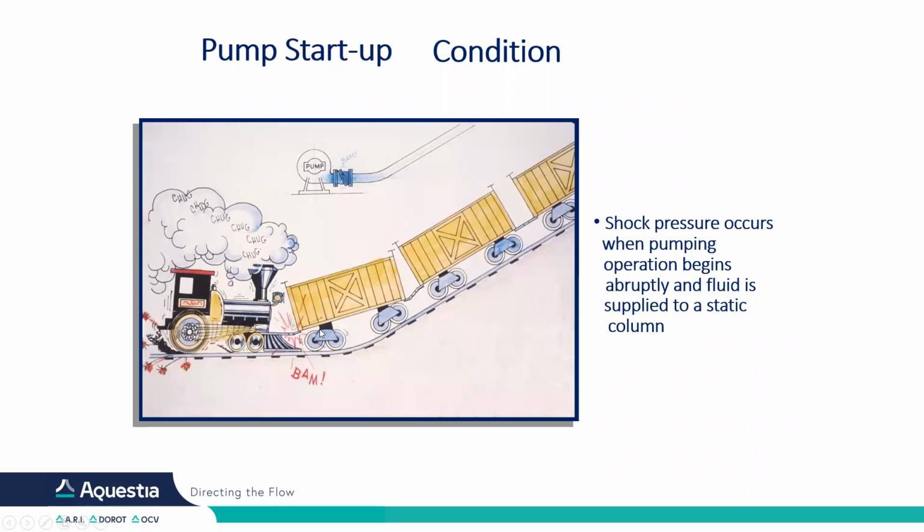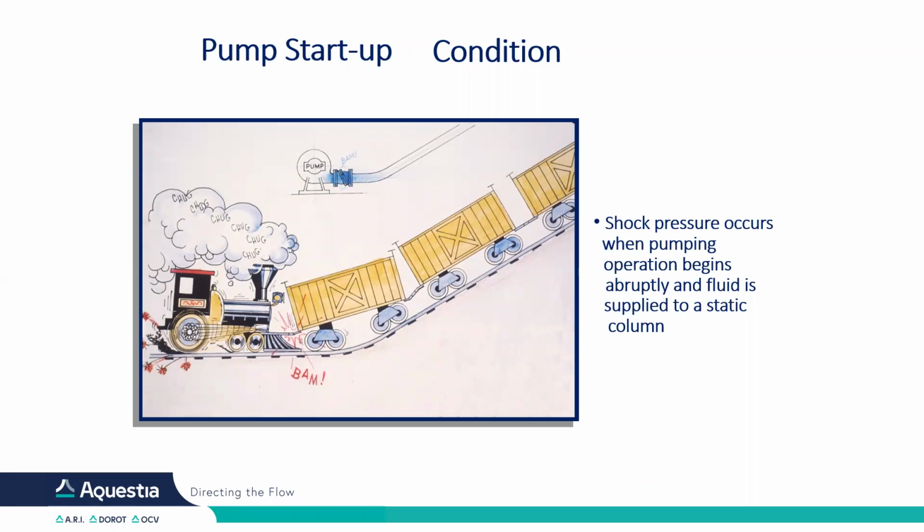So what exactly happens in our system? Imagine you have a locomotive and the railway wagons. And when we start the pump, when the locomotive starts moving, it starts abruptly, begins to operate, okay?